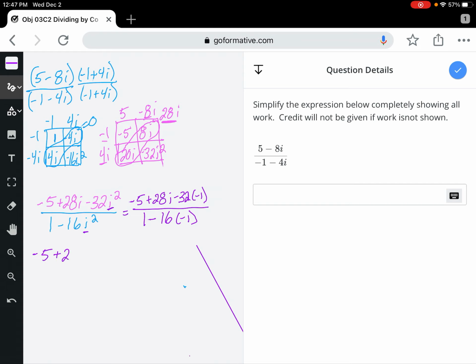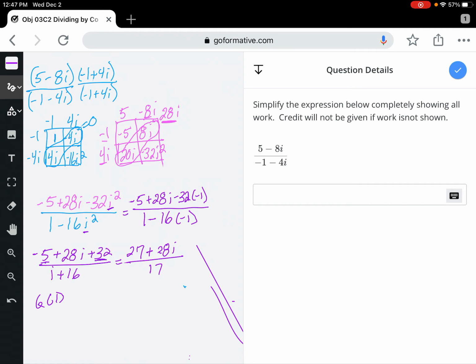So we have negative 5 plus 28i plus 32 over 1 plus 16. Okay, I add across. Negative 5 plus 32 is going to be 27 plus 28i all over 17.